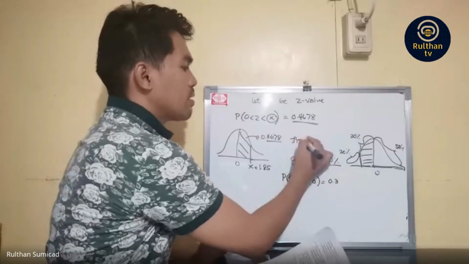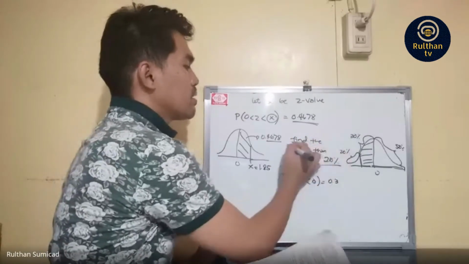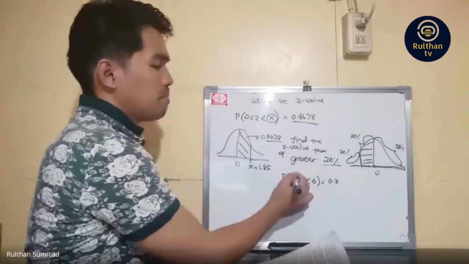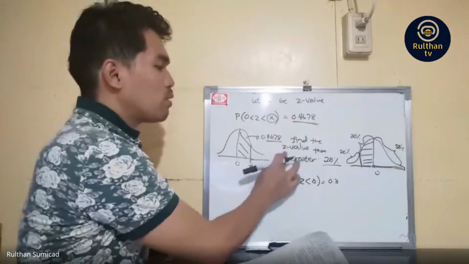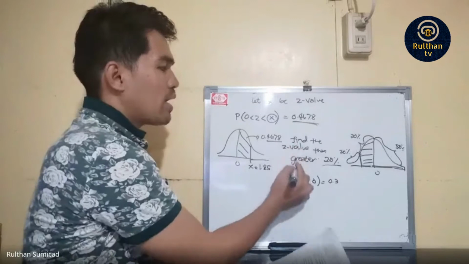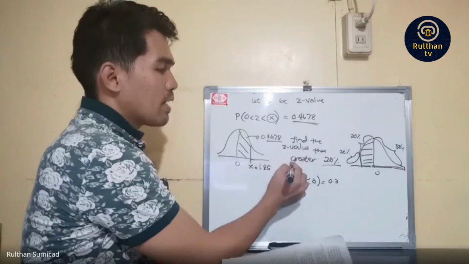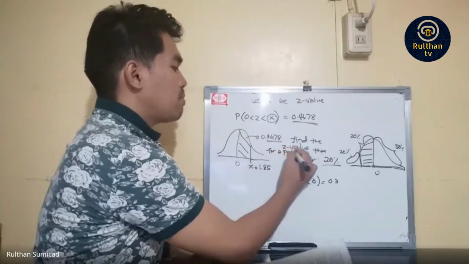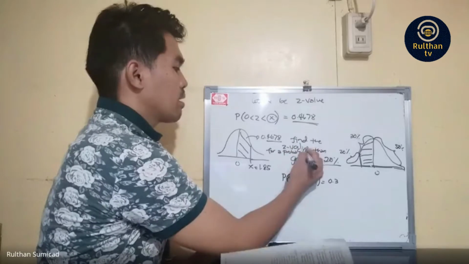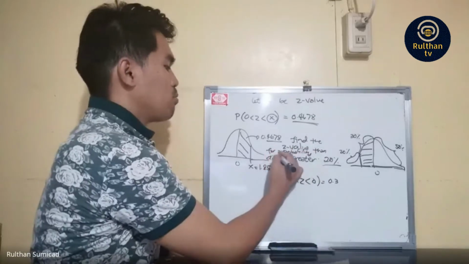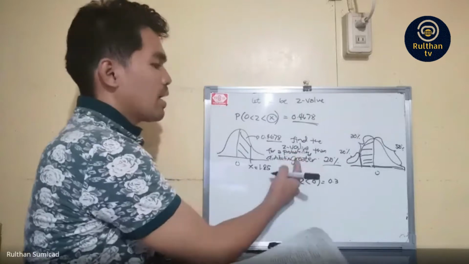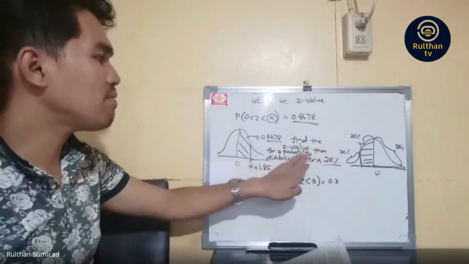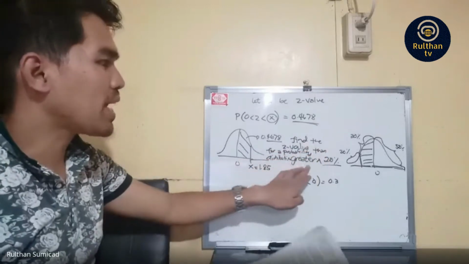Find the z value for a probability distribution greater than 20%.